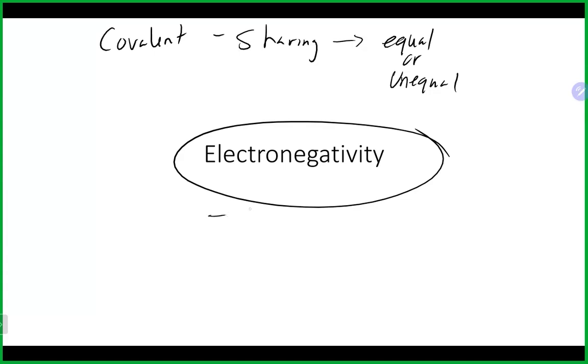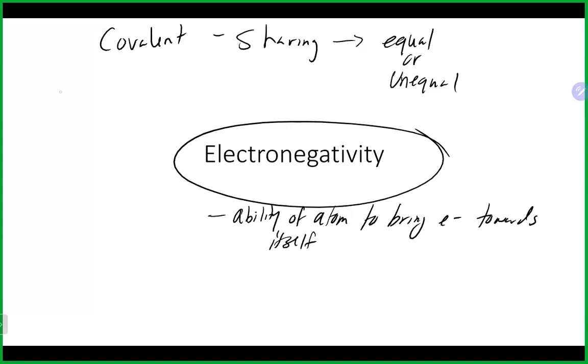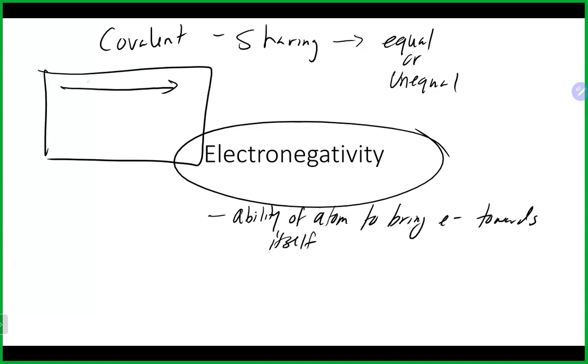Again, a reminder, I think we talked about it when we did some periodic trends. Electronegativity is the ability of an atom to bring electrons towards itself. On the periodic table, also known as a square, it increases as you go up to the right and decreases as you go down to the left.